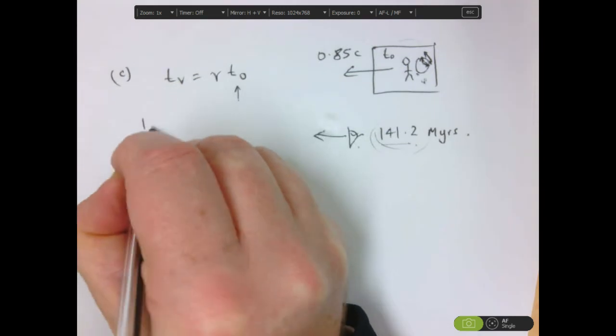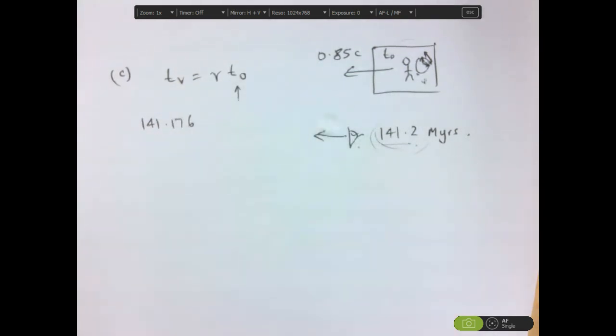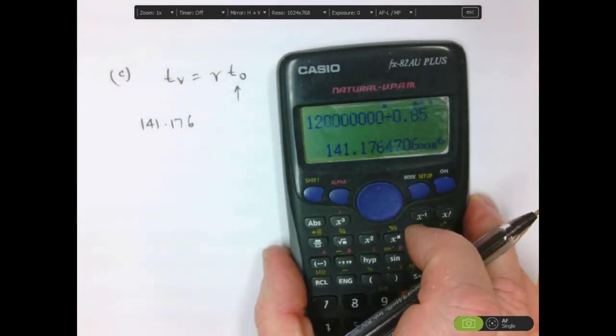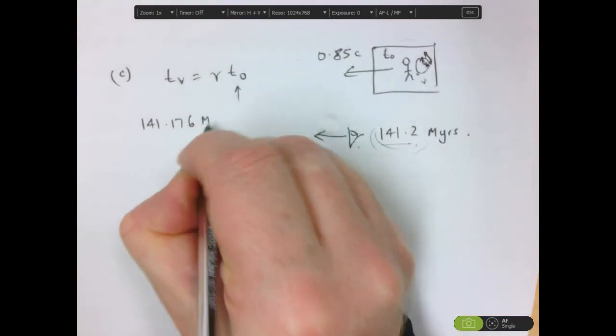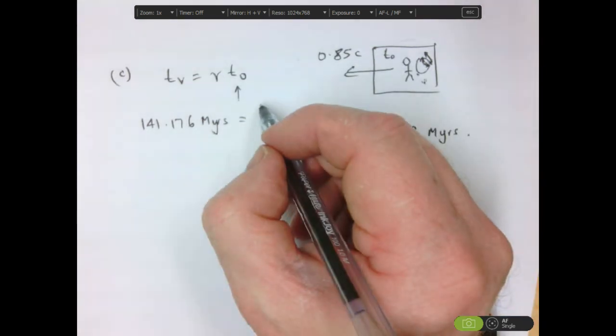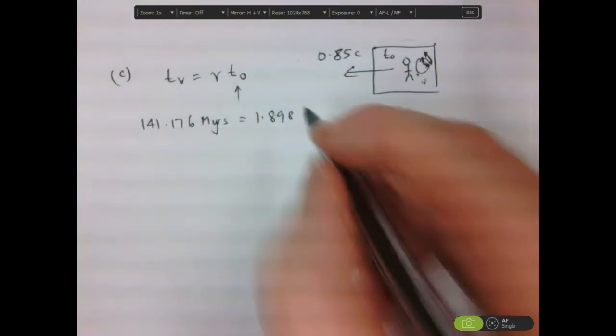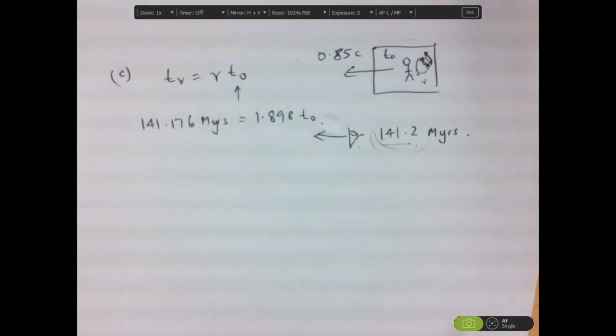Rightio, so it's 141.176 million years, using the correct number from the calculator. The gamma factor at this point is 1.898, and we are trying to find their time.